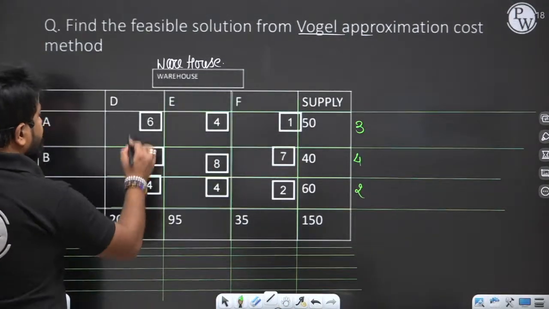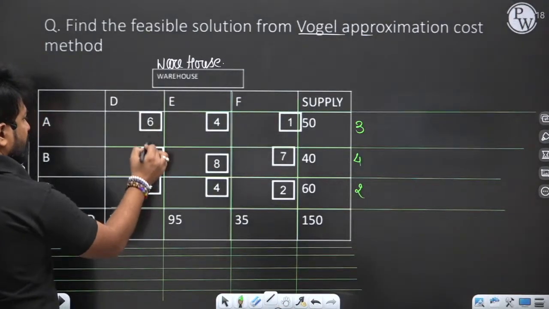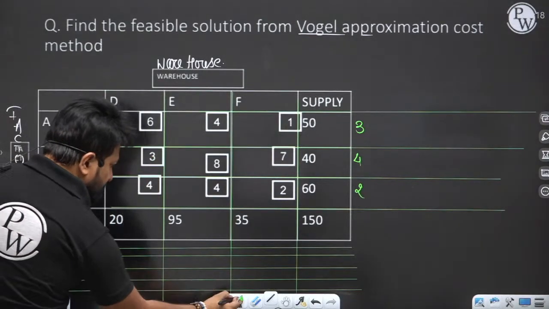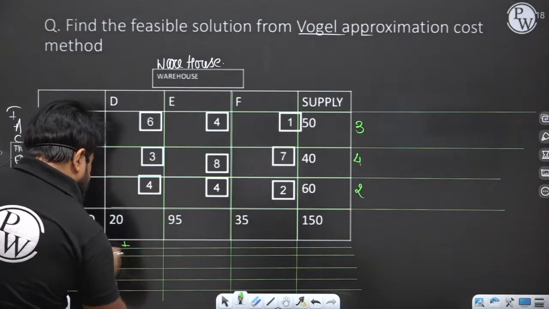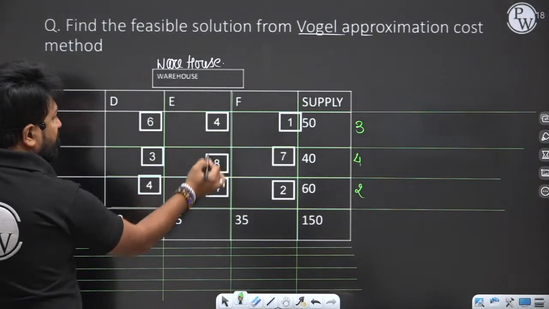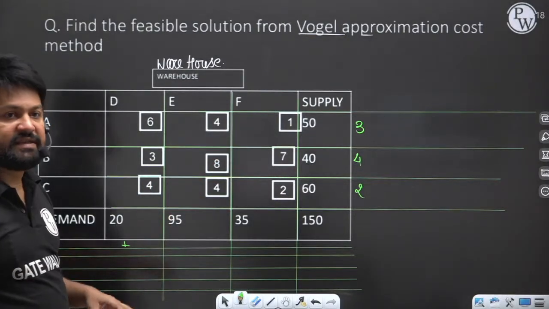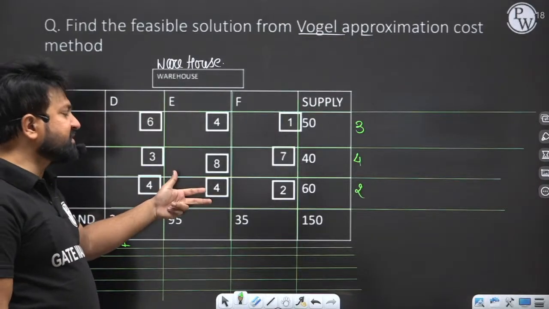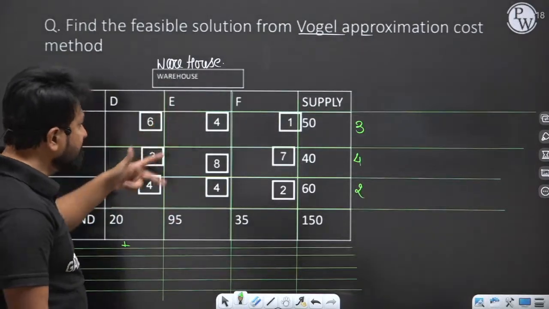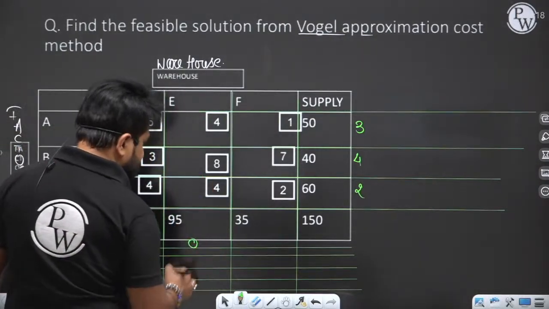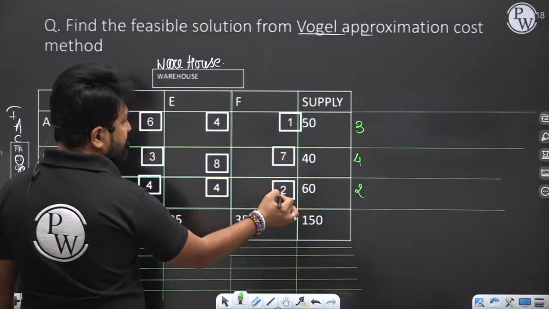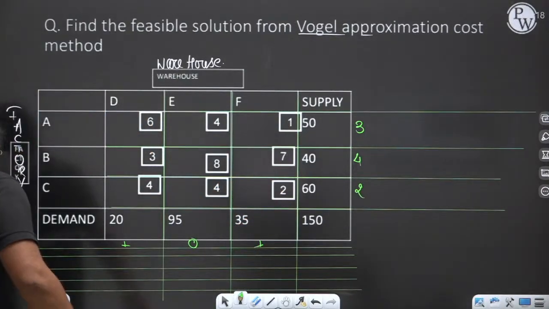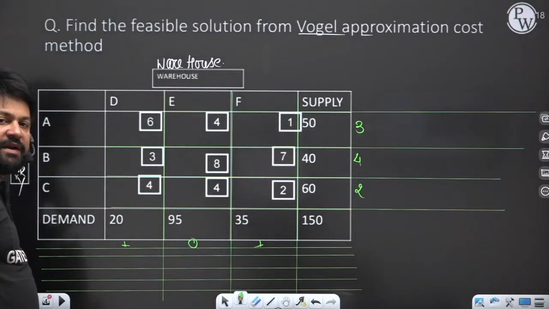The first column has minimum 3, next higher is 4, so 4 minus 3 is 1. Minimum is 4, again the next higher is the same, so the difference is 0. Now minimum is 1, next higher is 2, so that is 1.